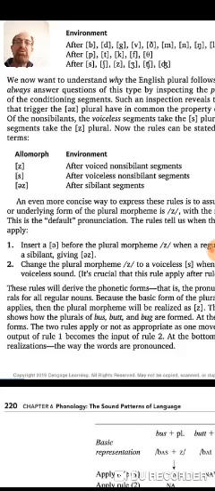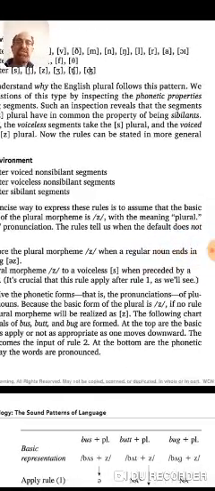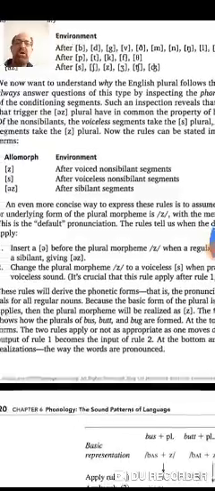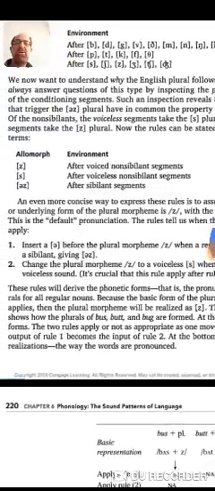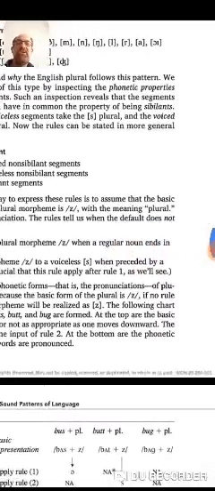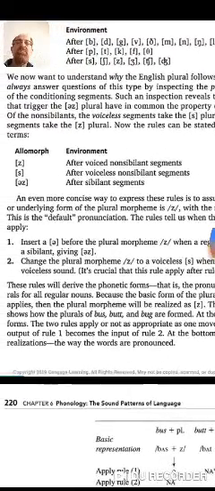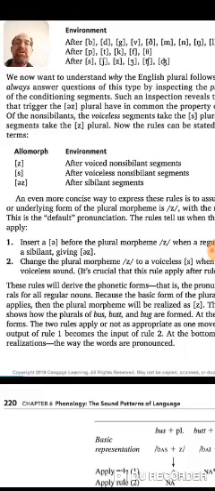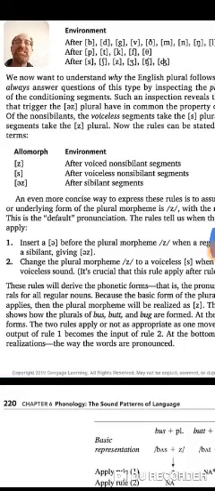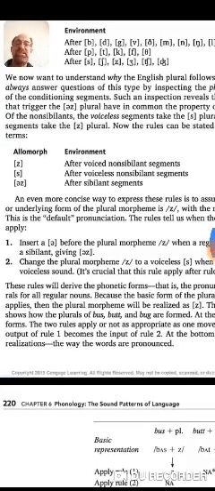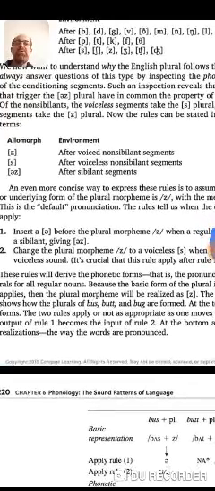So rule 2 says, change the plural morpheme z to a voiceless s when it is preceded by a voiceless sound. So we have dogs, not dogs with s, or cats, not cats with z. This is the rule.